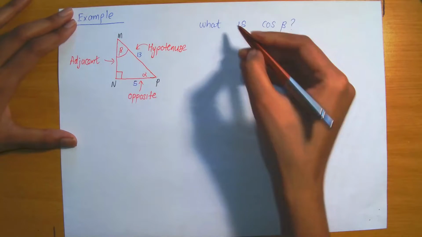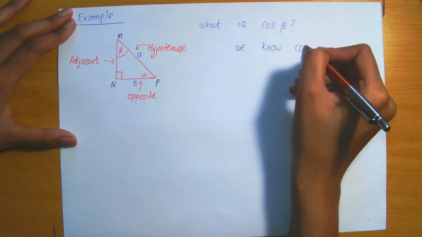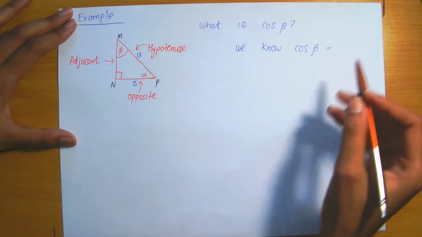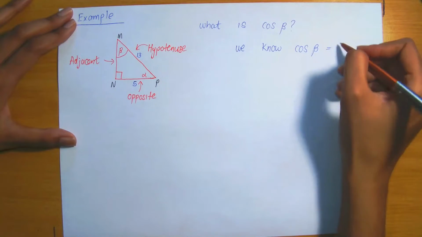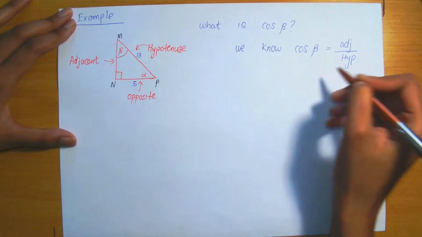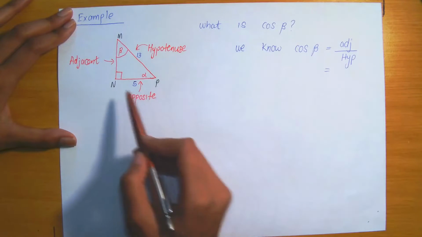Based on that, we know that cos of beta, remember from our acronym SOHCAHTOA, CAH says adjacent over hypotenuse. Looking at the labels in our triangle, what is the adjacent?